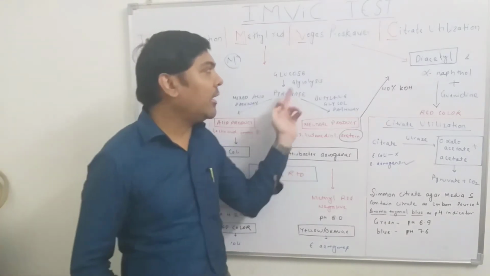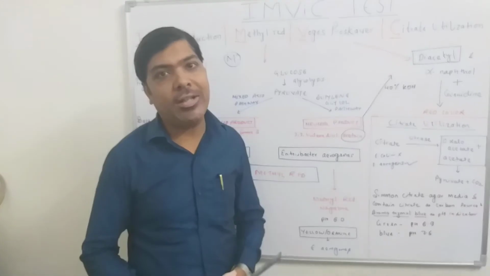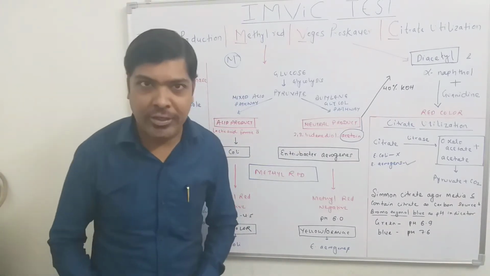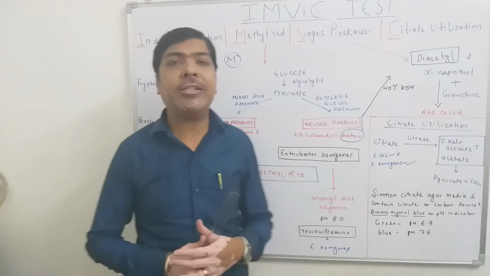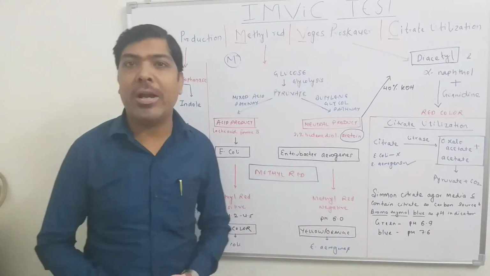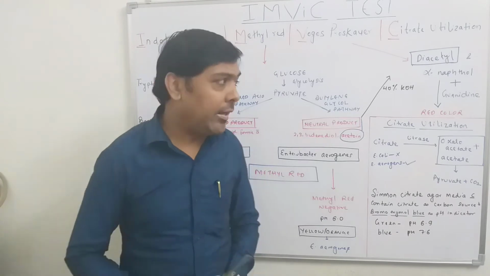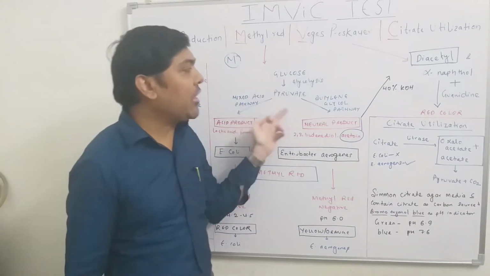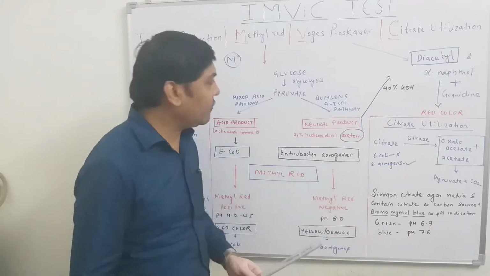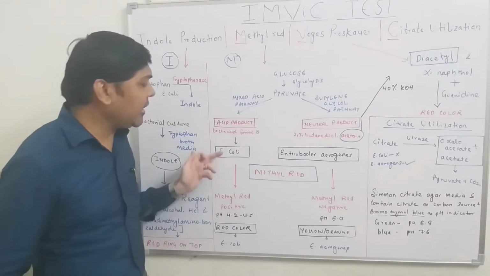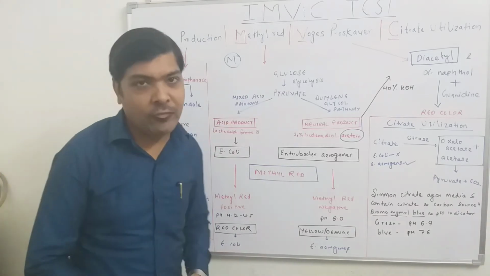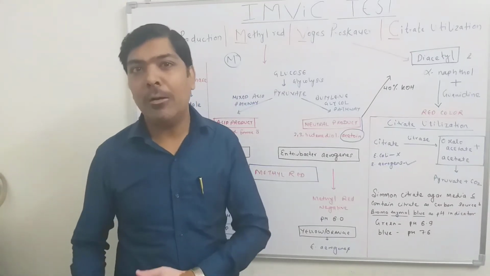But this glucose inside a bacteria undergoes a metabolic cycle called glycolysis, and the end product of glycolysis is pyruvate. This reaction takes place in both E. coli and Enterobacter aerogenes. But once this pyruvate is generated in both categories of bacteria, further, in E. coli, it undergoes another pathway called the mixed acid pathway.